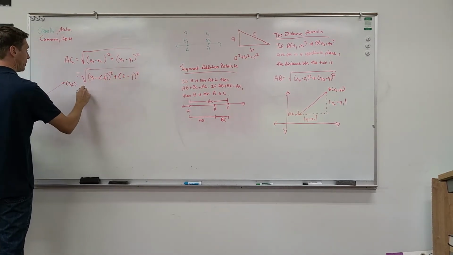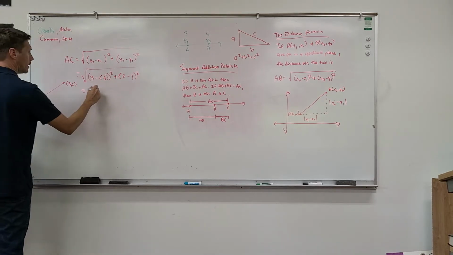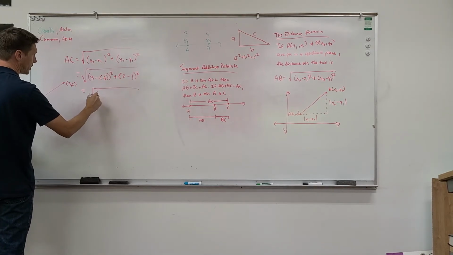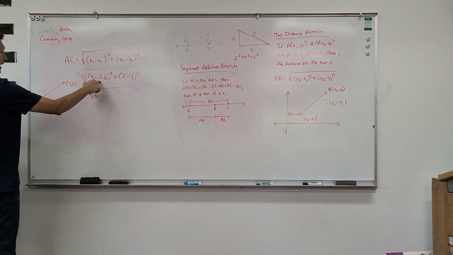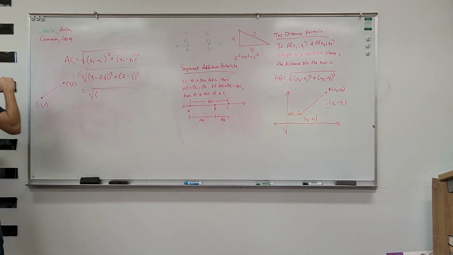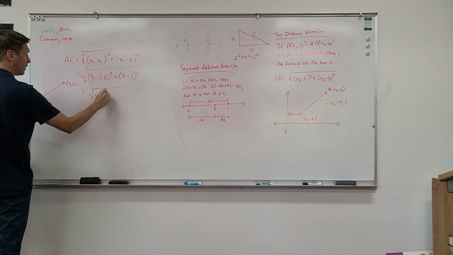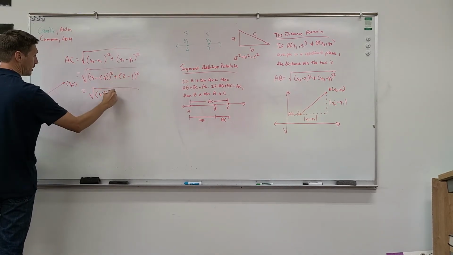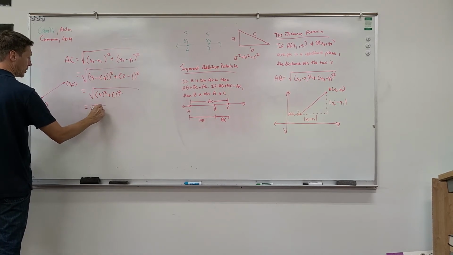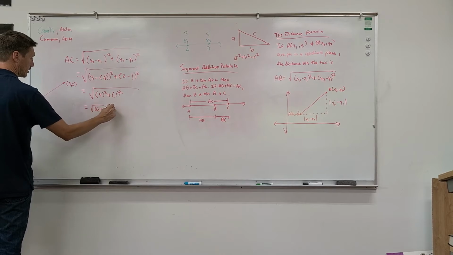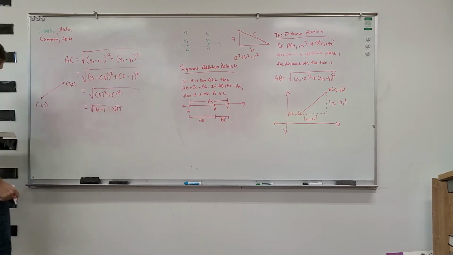We're going to square that. Again, take all the steps so that you don't make a dumb mistake with your negative signs. 3 minus a -1 is the same as 3 plus 1. So this is going to be 4 squared plus, and 2 minus 1 is going to be 1 squared. So that equals the square root of 16 plus 1. So the square root of 17 is that distance.